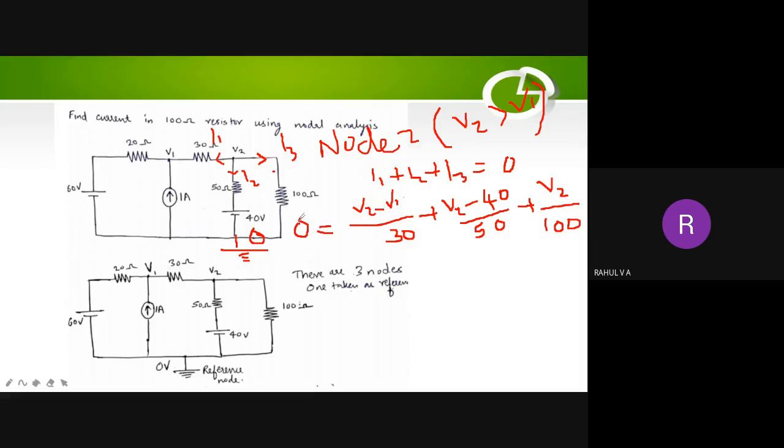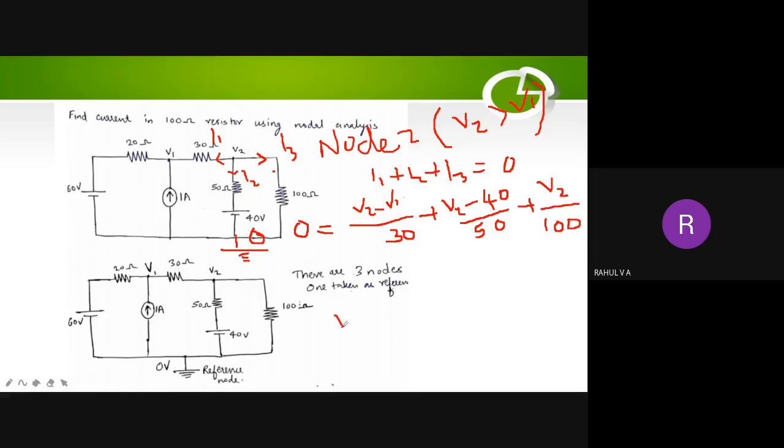So that is equal to 0. And solve this and find out, write it as the similar form of first equation, and then you find out V1 and V2 by entering it into the calculator.